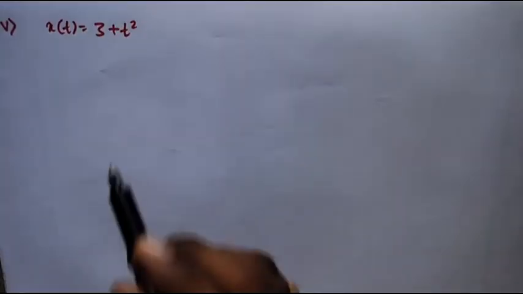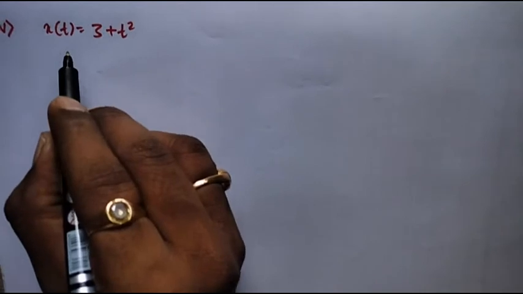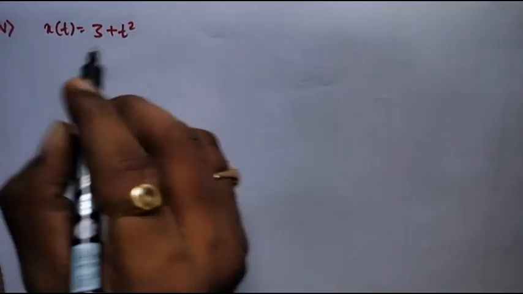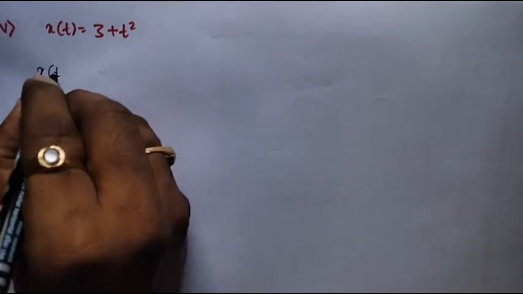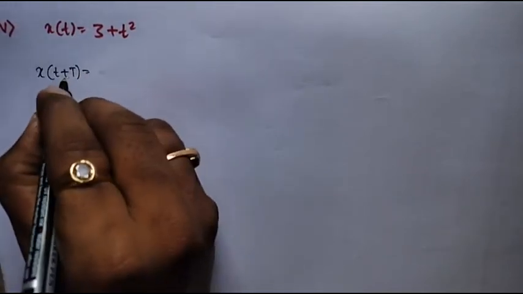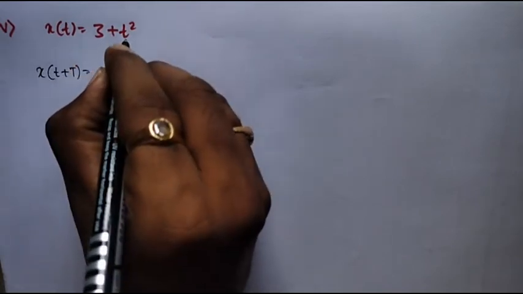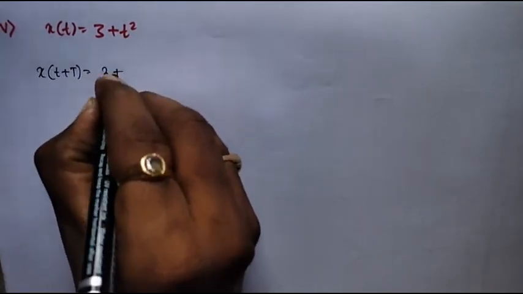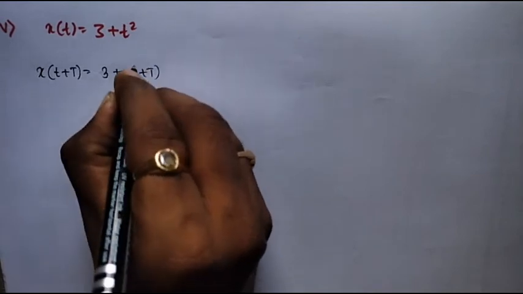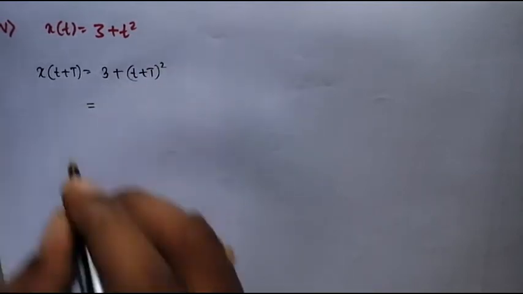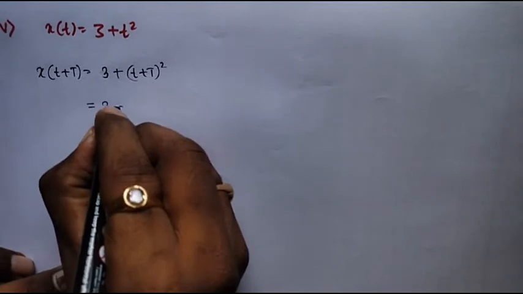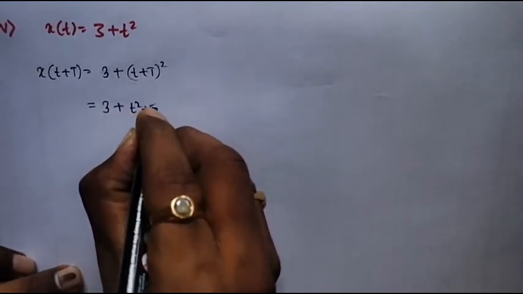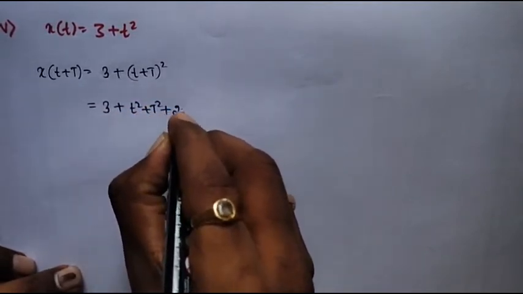Let's verify whether it is periodic or aperiodic. x of t is equal to 3 plus t square. Now we'll find x of t plus T. x of t plus T is obtained by replacing t by t plus T. I can write it as 3 plus t plus T whole square, or I can write it as 3 plus t square plus T square plus 2tT.